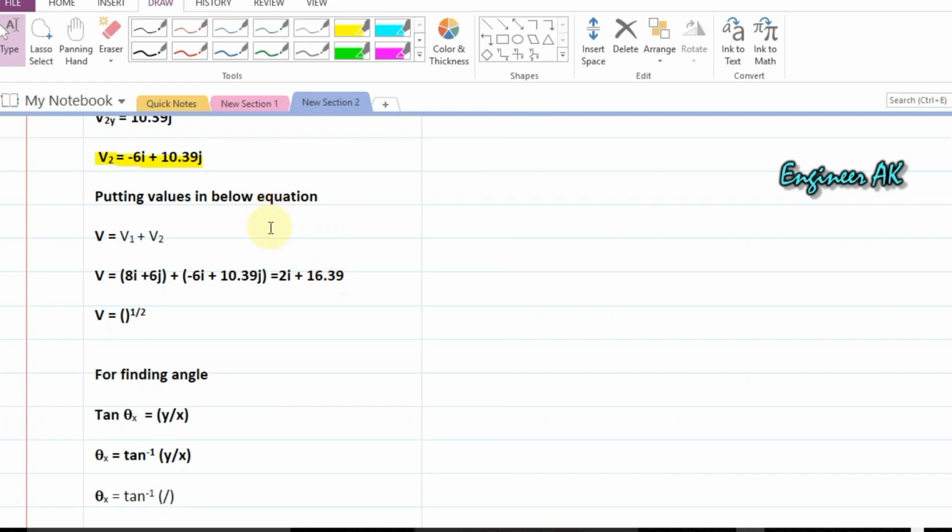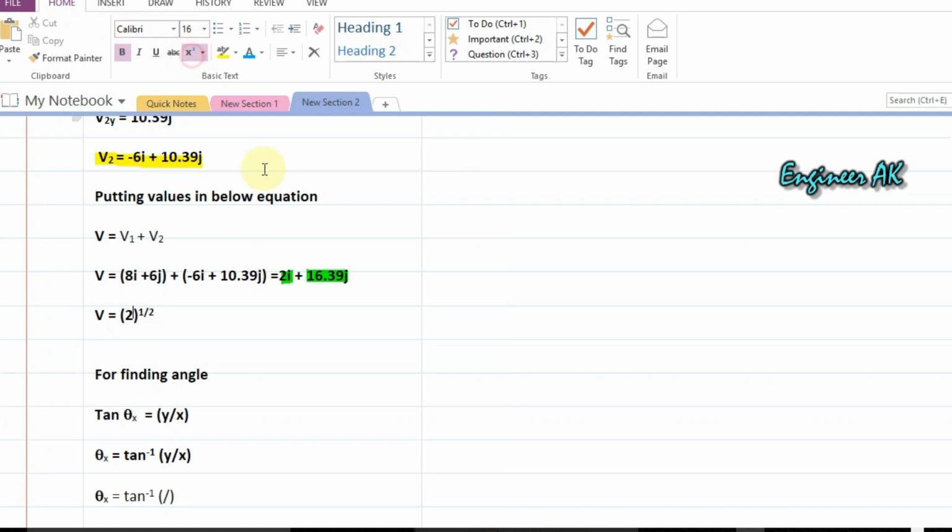So this is the x component and this is the y component. If you want to find the magnitude, we will just plug in the values, add this square, right?